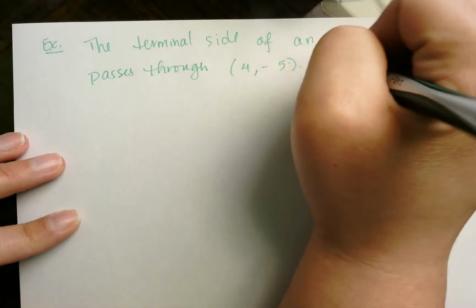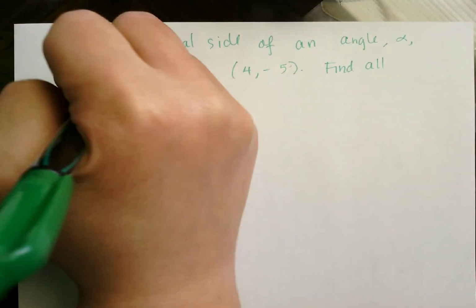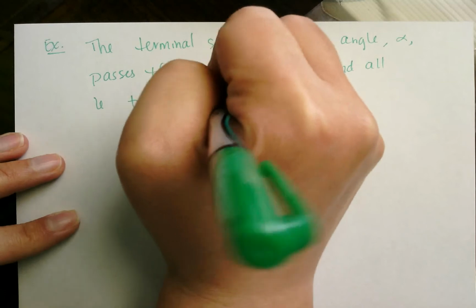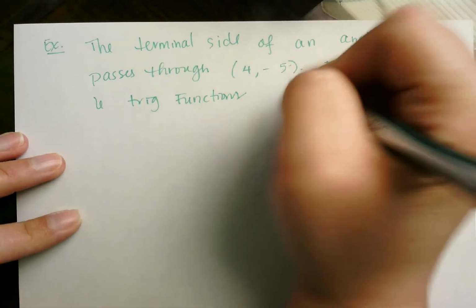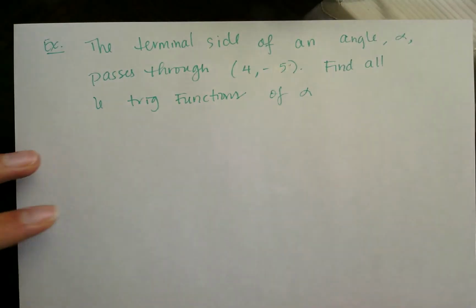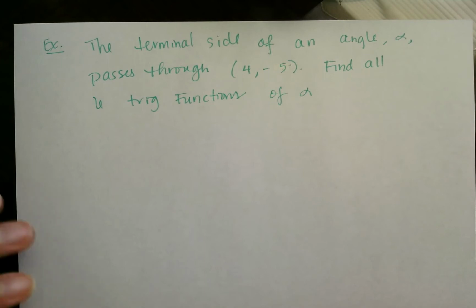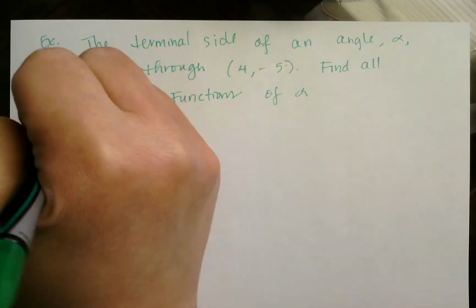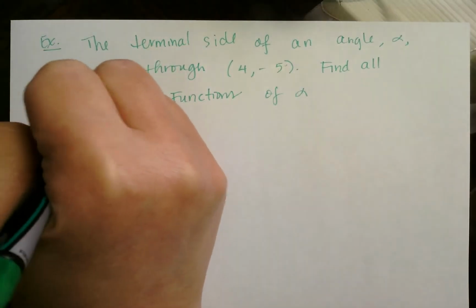Find all 6 trig functions of alpha. So we gotta build the angle or draw the angle.